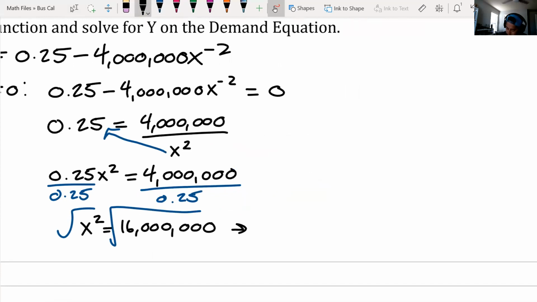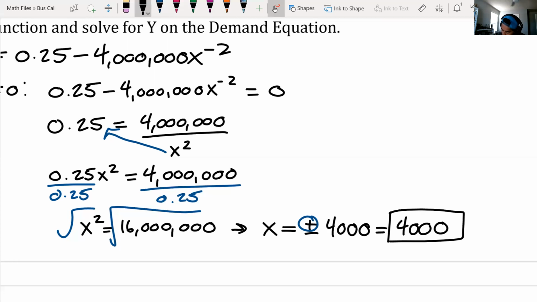And we will get x equals plus or minus 4,000. Let me see. Yes, you get x equals 4,000. Now, since we're talking about items and we're in the business world, can we have negative 4,000 Blu-rays? No. So we only take the positive one. So this would just be 4,000 Blu-rays.